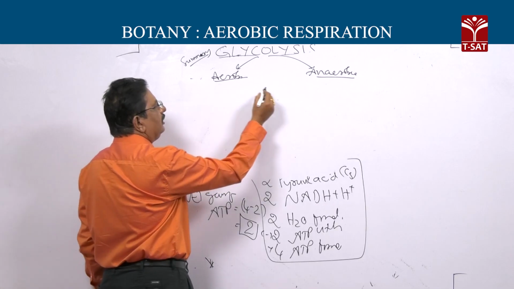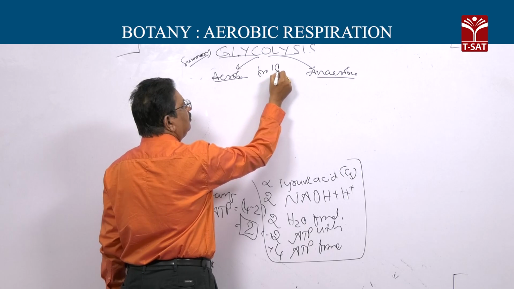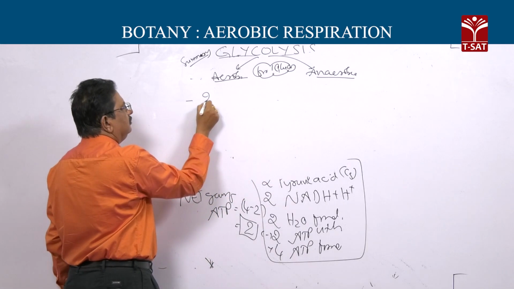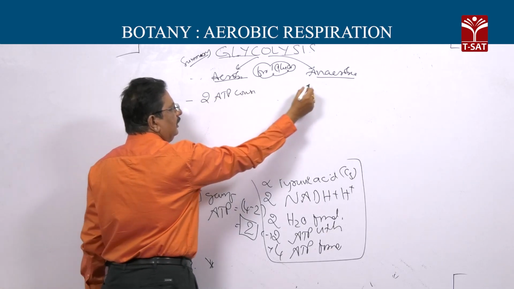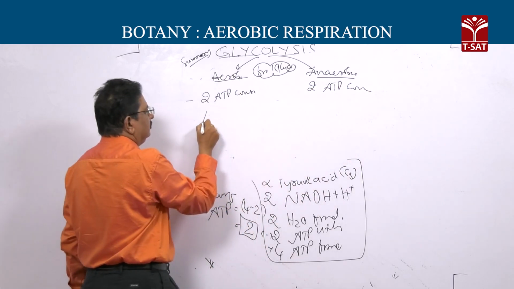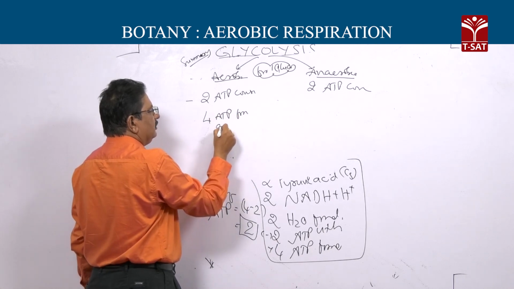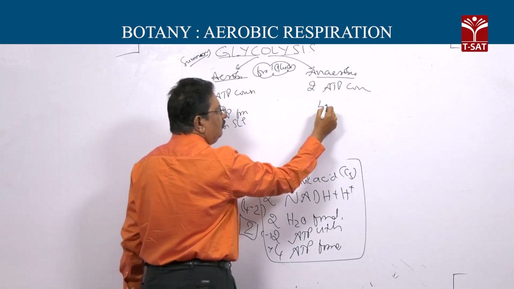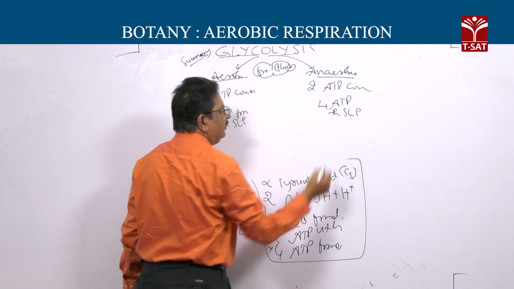So, in aerobic respiration, for 1 molecule of glucose, 2 ATP are consumed, here also 2 ATP consumed. 4 ATP are formed through SLP. Here also 4 ATP are formed through SLP.